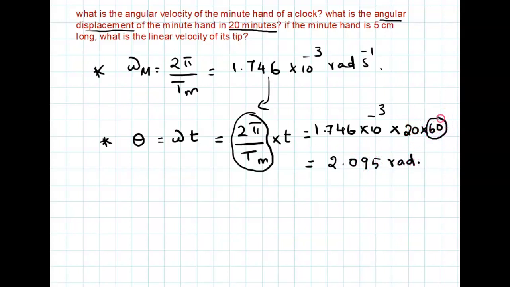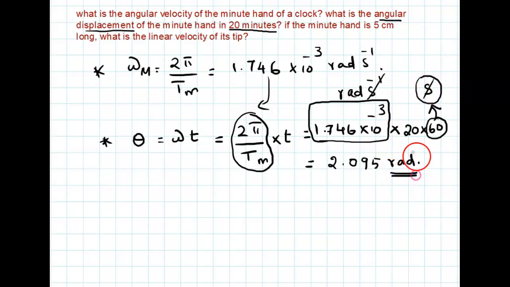If this 60 is not there, what will happen? The unit of omega is radian per second and the other is in seconds, so second and second to the power minus 1 will cancel and we get radian. Otherwise it will not match. So we have to convert minutes into seconds in order to get the unit radian.